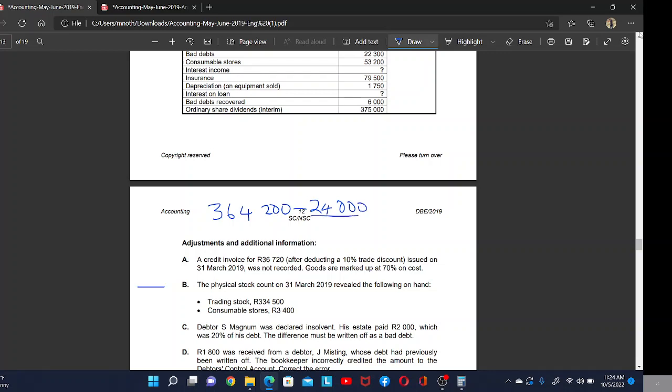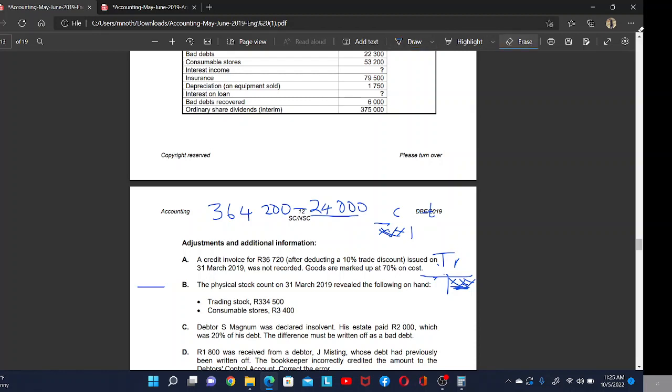Remember, the cost of sales and the trading stock go together. So if you are selling the goods, the cost of sales increases. This is your cost of sales. This is your trading stock. The trading stock decreases on the credit side, and the cost of sales will increase.